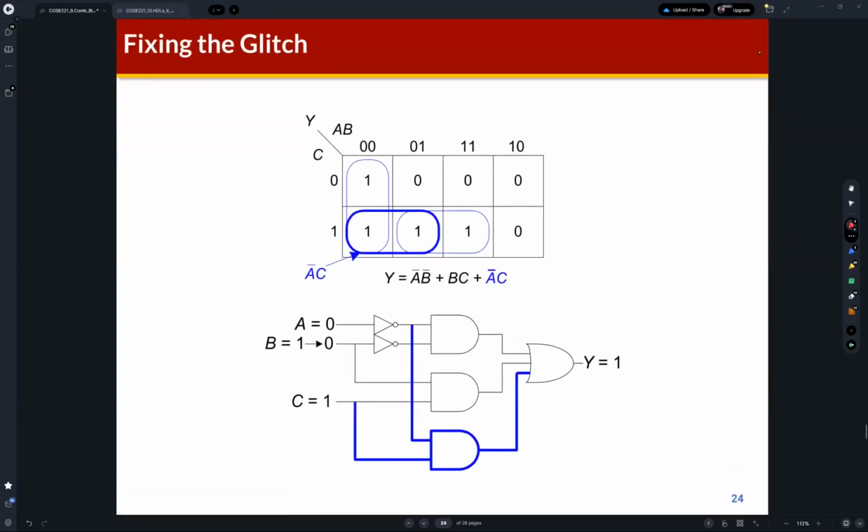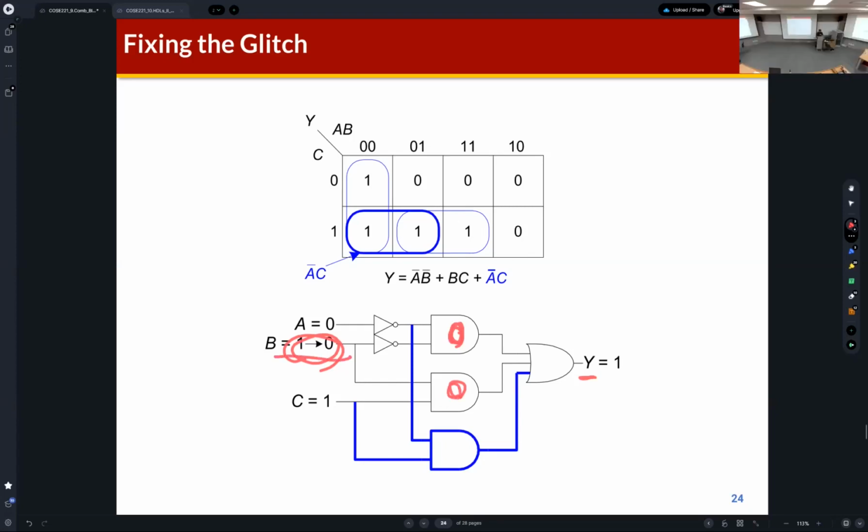Then how can you avoid the glitch? We can add an additional gate, which means an additional path. So, why does the glitch happen in this circuit? B just passes through this gate and this gate, which means that Y is determined by the output of this AND gate and this AND gate.